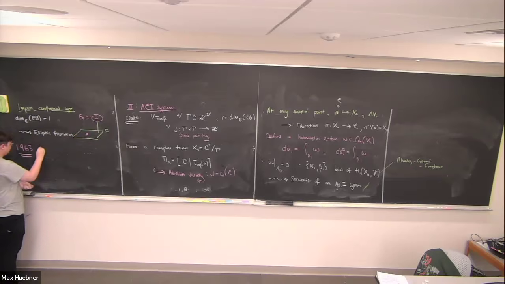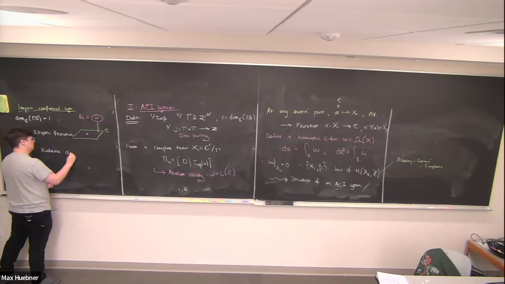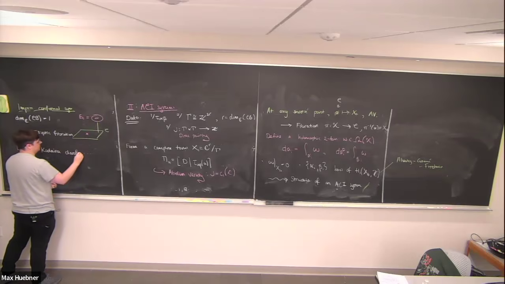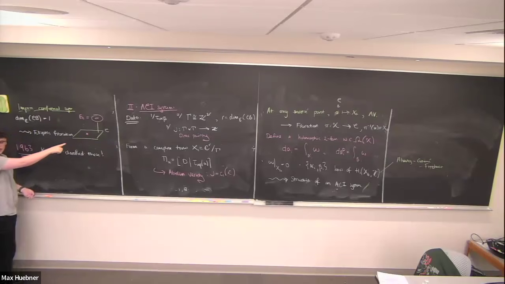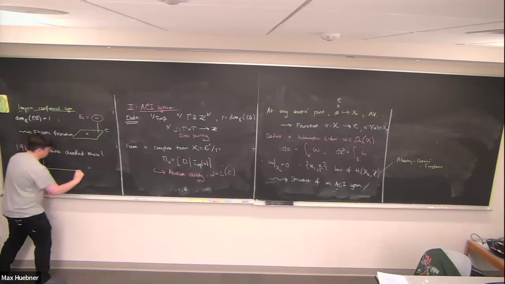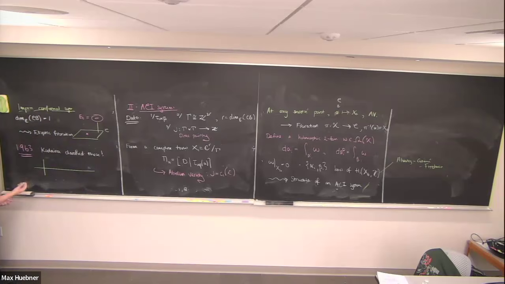Right? Kodaira classified these. More precisely, he classified the possible singular fibers, right? So what are the possibilities for us? If we want to make sure we keep scale invariance, we get 7 possibilities.